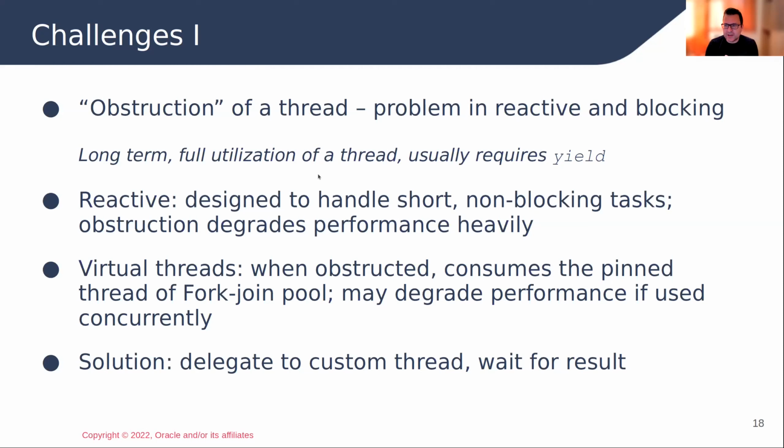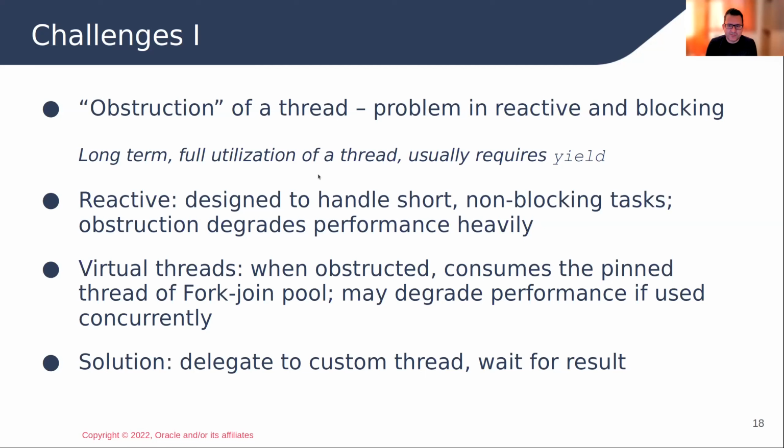What is the solution? In both cases, the solution is basically the same. You create a custom thread or a custom executor service. I would recommend an executor service because you may have parallel requests, so you can limit the number of threads in use. You run your obstructing code on that executor service and you just wait for the results. In reactive, this means that you complete a completable future, for example, and that will send the response to the original client. In virtual threads, blocking means blocking.